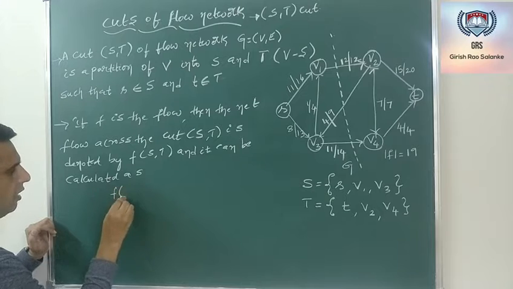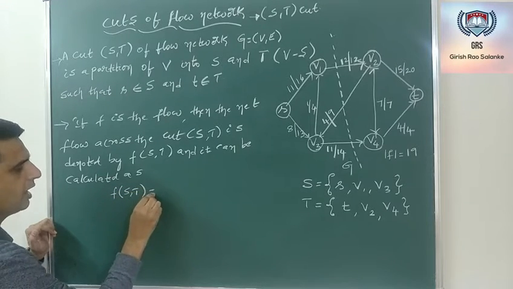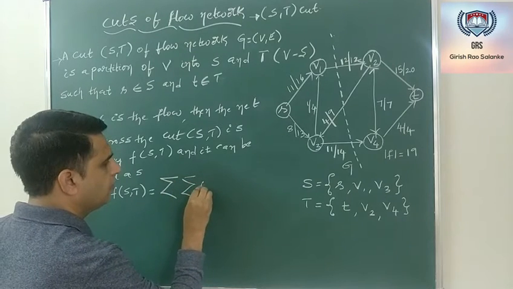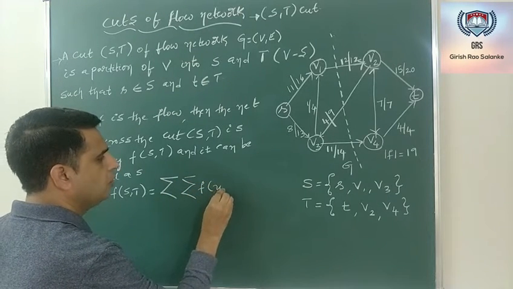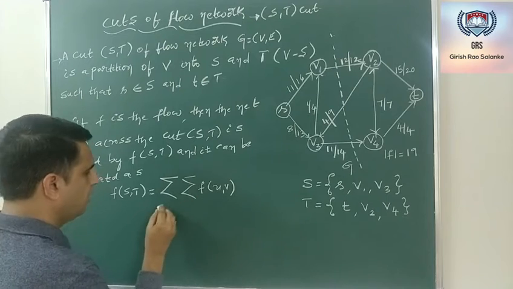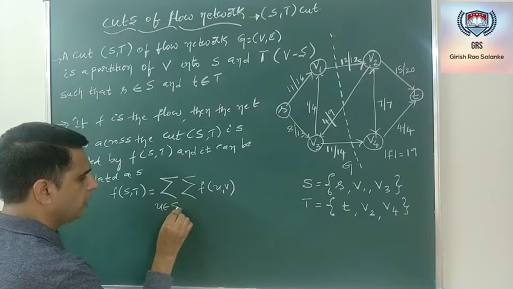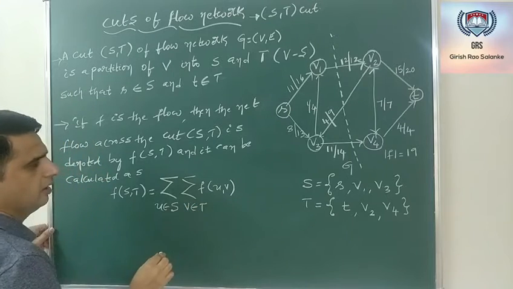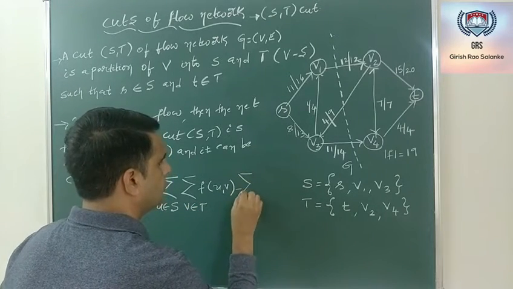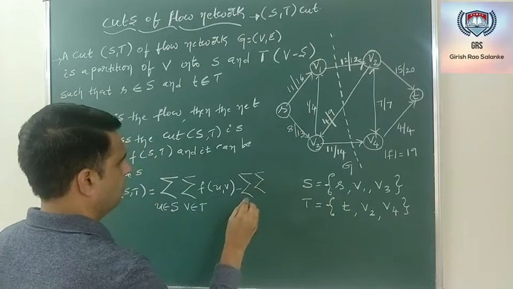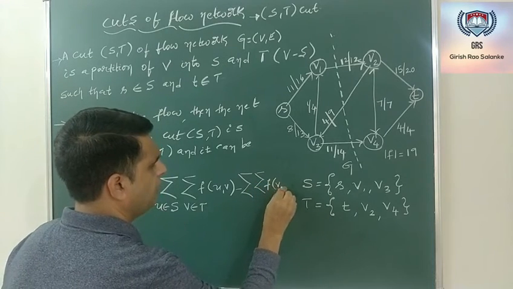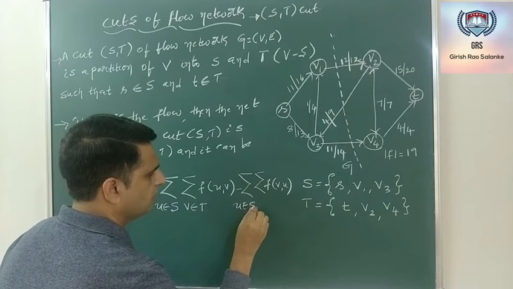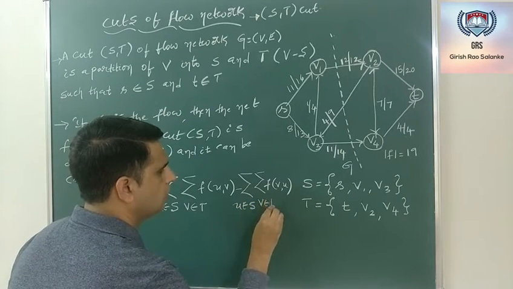Net flow on the cut ST is the summation of the flow F of U, V, wherein U belongs to S and V belongs to T, minus the summation of F of V, U, wherein U belongs to S and V belongs to T.